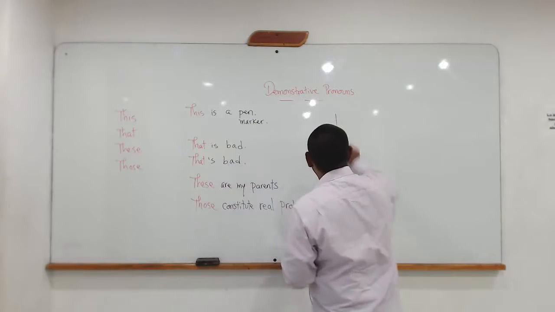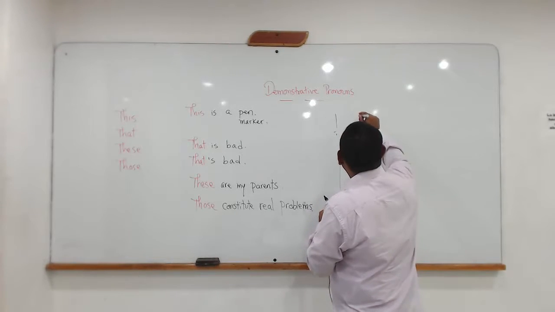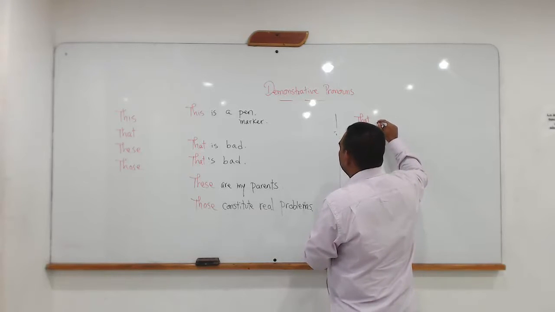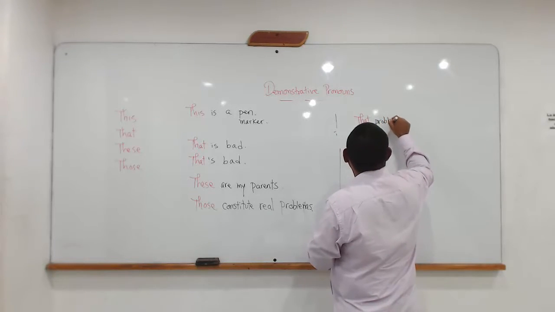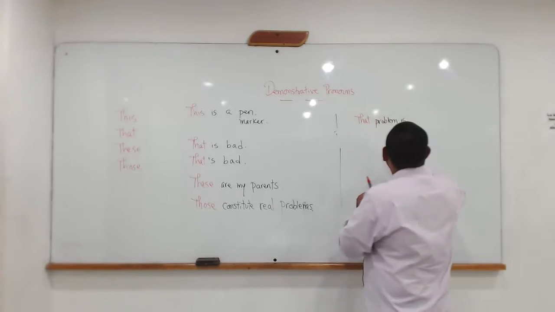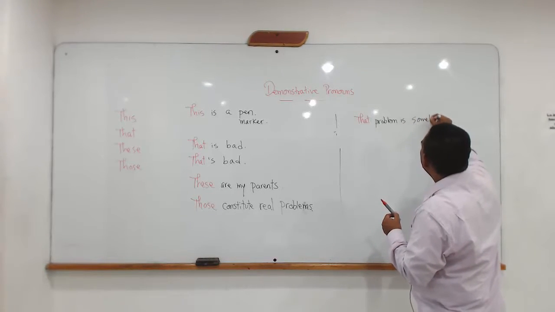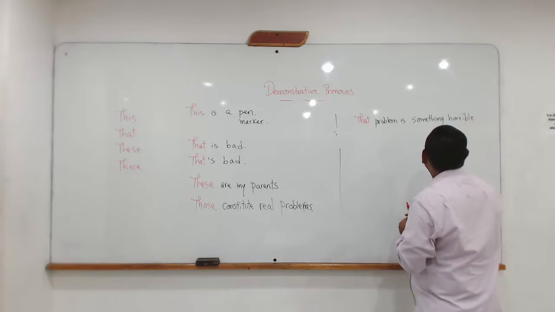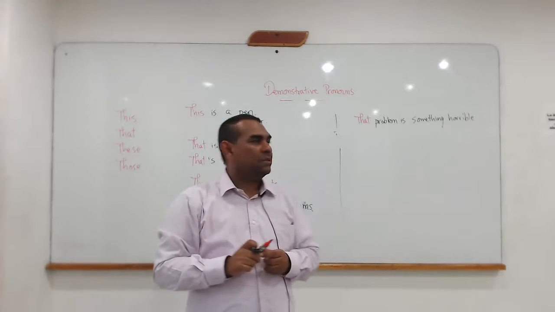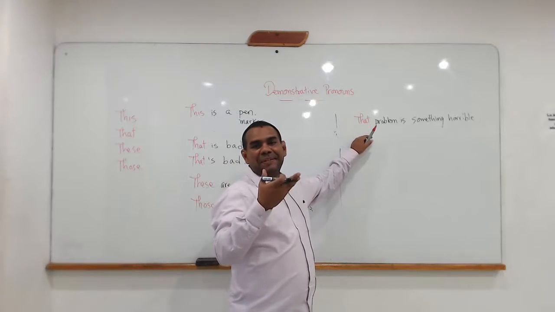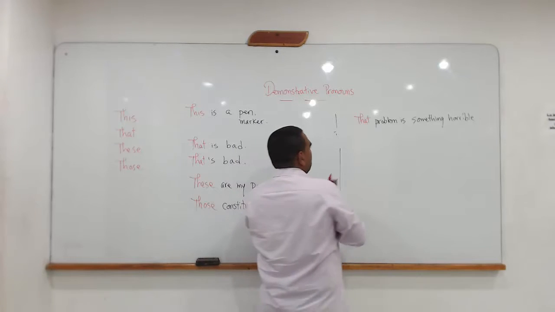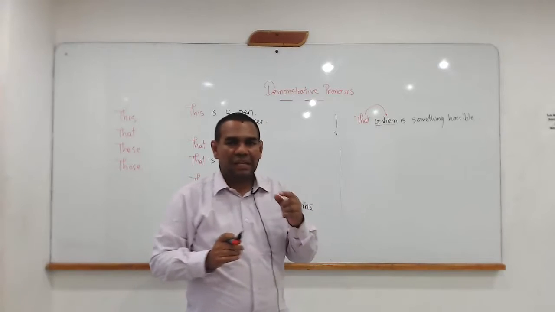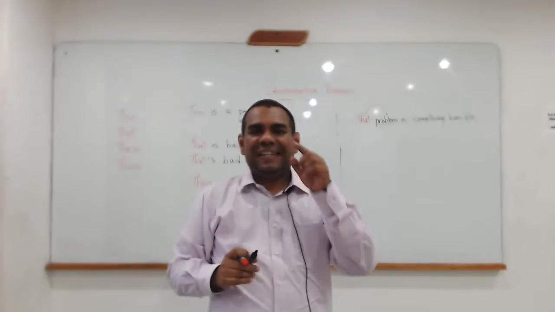So, for example, when saying, that problem is something horrible. Look, that problem is something horrible. Over here, we are not in the presence of a pronoun because that modifies the noun problem directly. So in that case, what we have is an adjective.